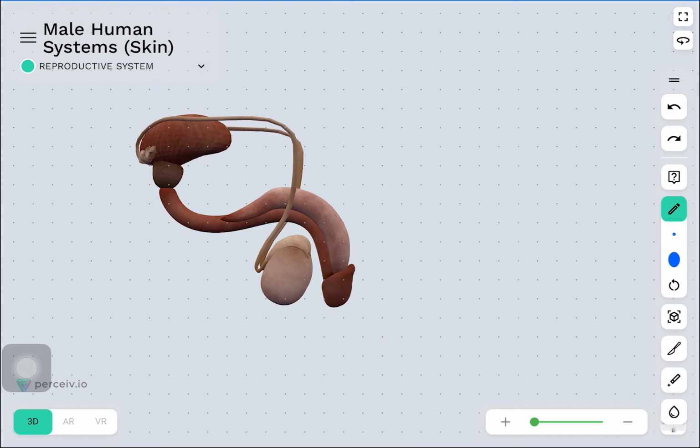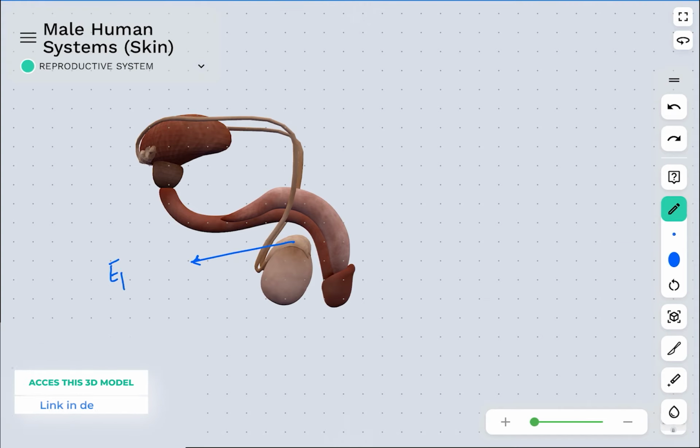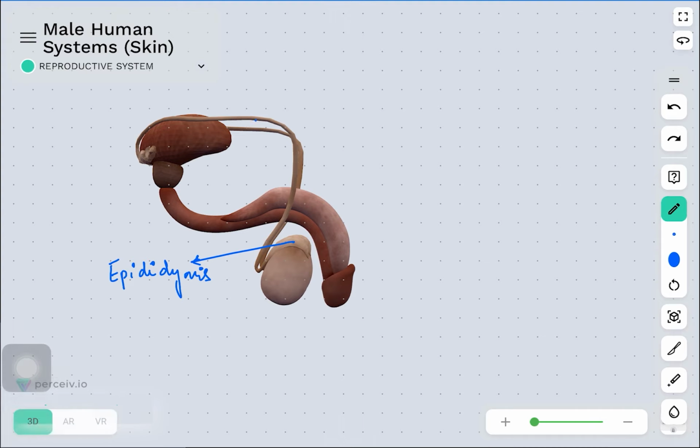So it cannot be seen from outside. However, the connections of rete testis and vasa efferentia is with the epididymis part. So this one is representing the epididymis. And this one is representing the vas deferens. All right. Now these vas deferens are ultimately opening into urethra with the help of ejaculatory ducts.